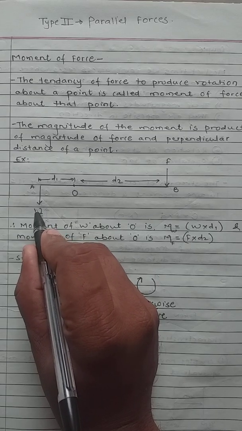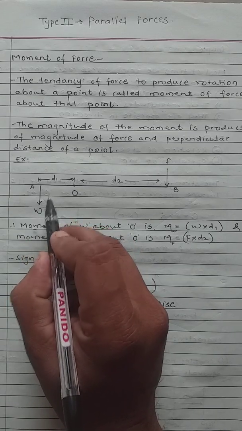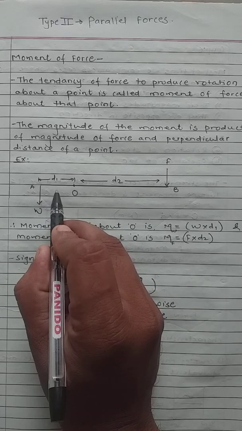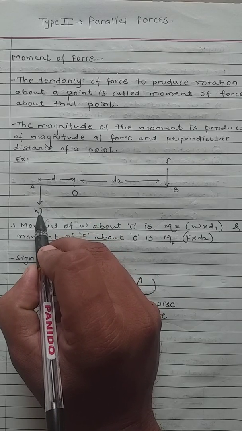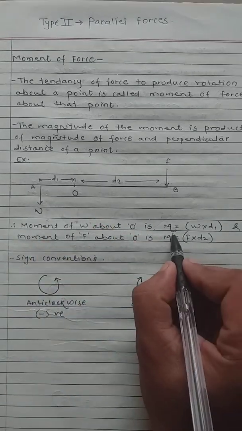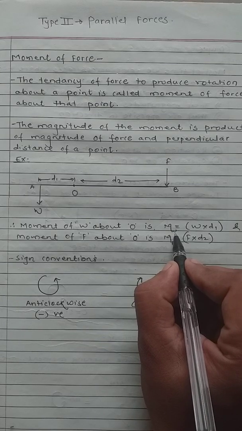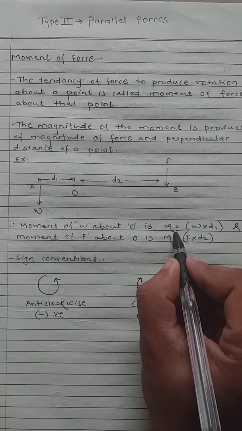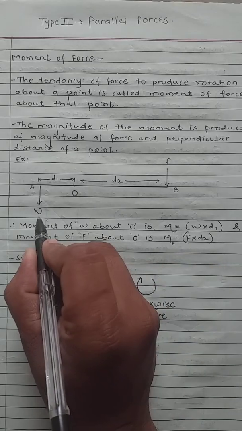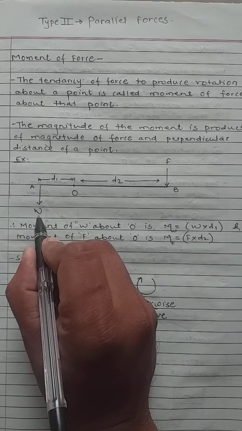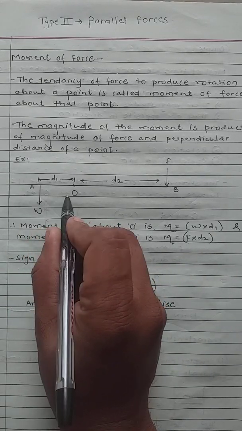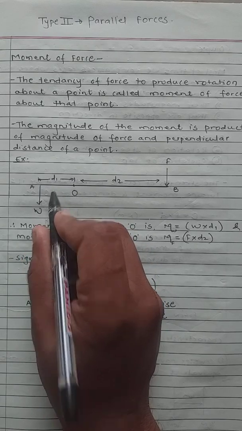the product of the force and the perpendicular distance from that particular point. So this W into D1 will be the moment of force W. So M_W is equal to the magnitude of force W and the perpendicular distance from point O, so W into D1.